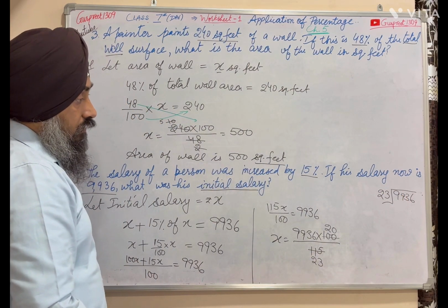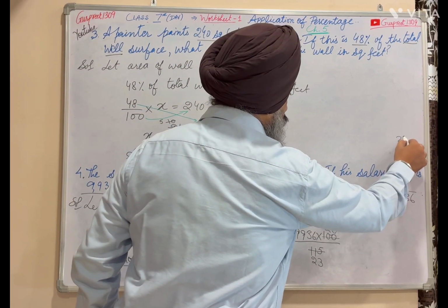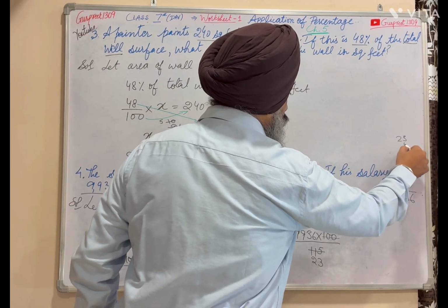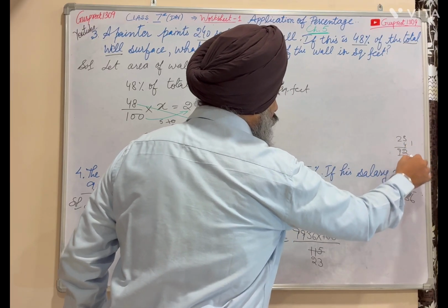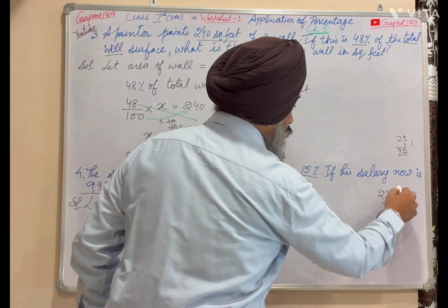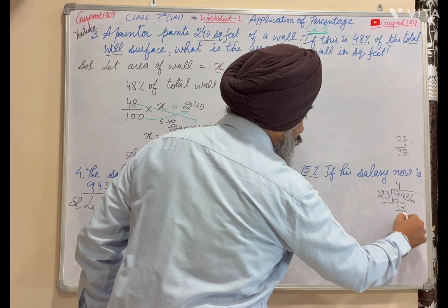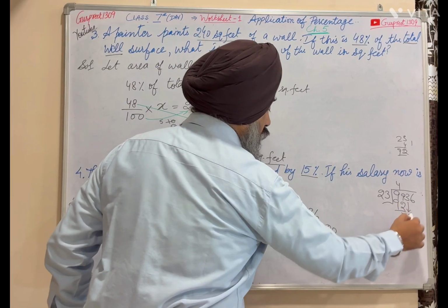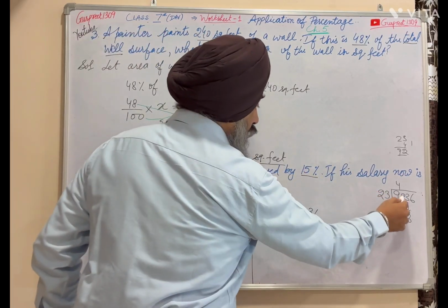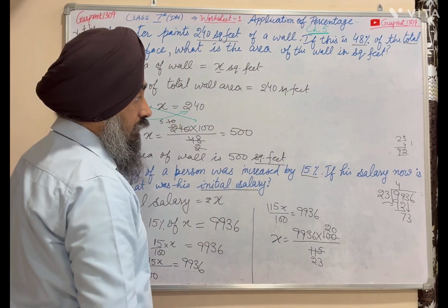So 23 twos are 46, hmm, 23 threes are 69, so we try 4. 4 threes are 12, 1 carry, 4 twos are 8 and 1 is 9, so 92. So we can apply 92 here, so 492. What is left here? 73. So this 3 comes down. 9 minus 2 is 7. So 73.